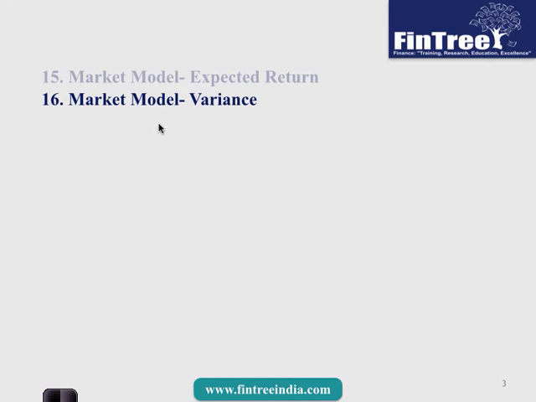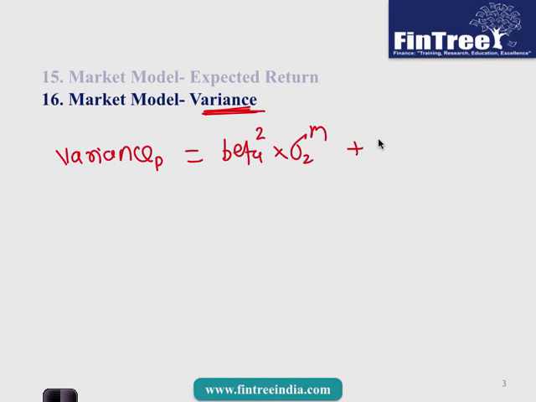Then market model of variance. Formula for variance in market model would be variance of a particular security, let's call this as P, is equal to beta square into variance of market plus variance of the stock specific risk, which is being referred to as the error in this case.